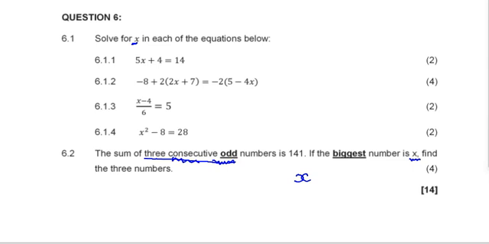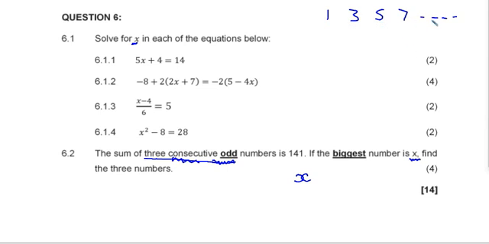For example, starting from 1, we have 1, the next one is 3, the next one is 5, the next one is 7, and we can continue. These are odd numbers. Now, from the first one, how do we get to the next one? We are saying plus 2, plus 2, plus 2. So if you are given a list of odd numbers, you are consistently adding positive 2.